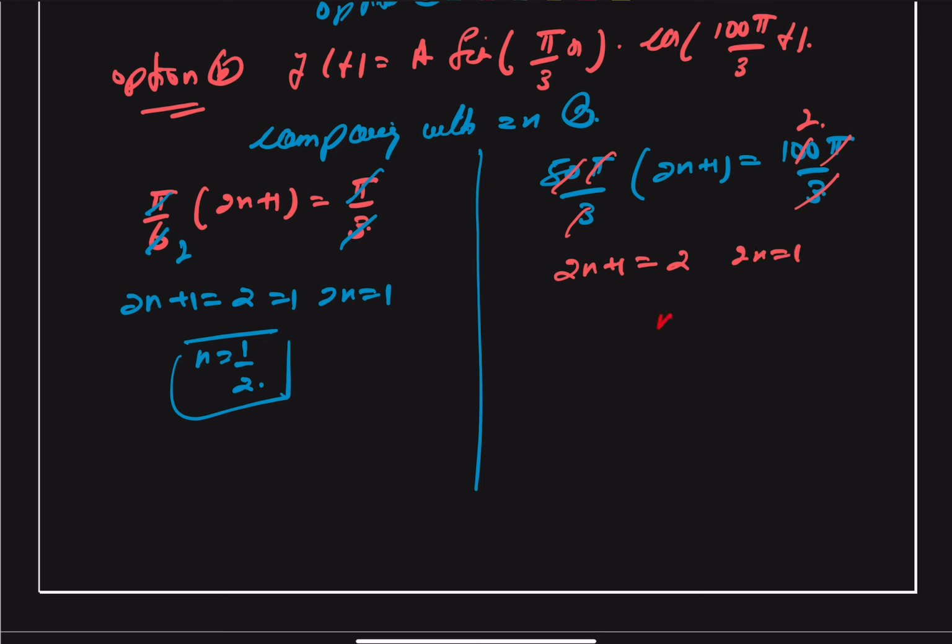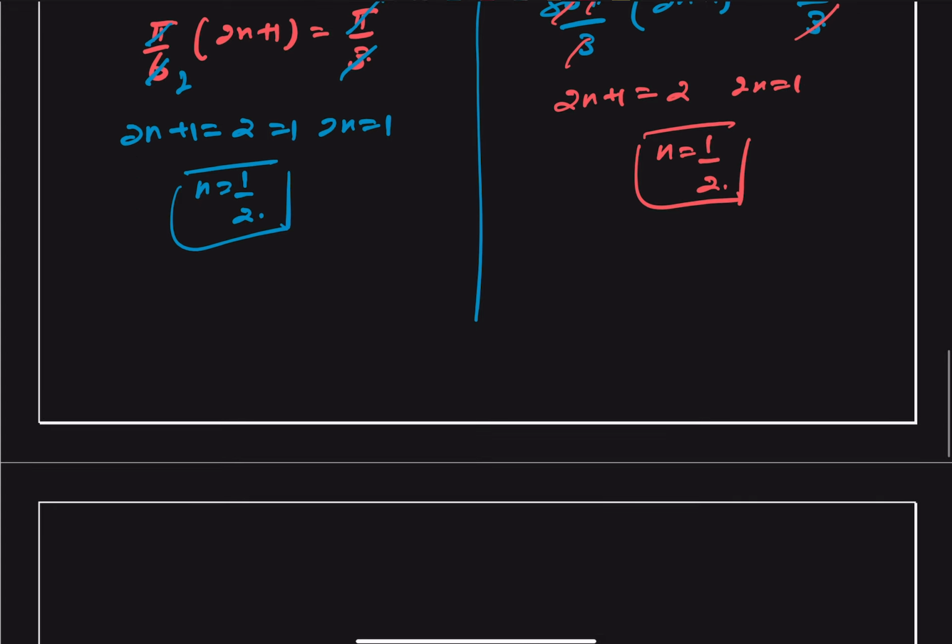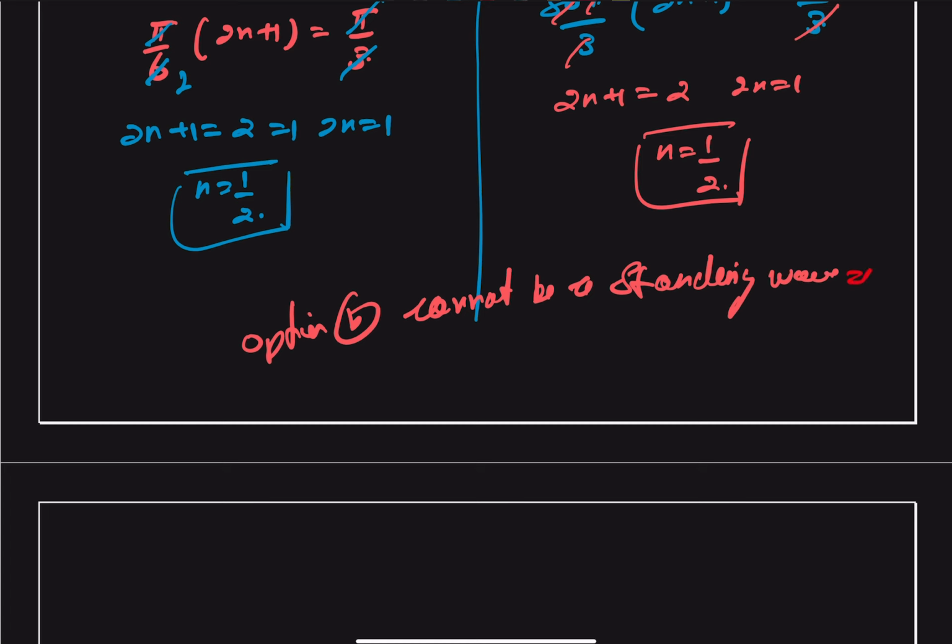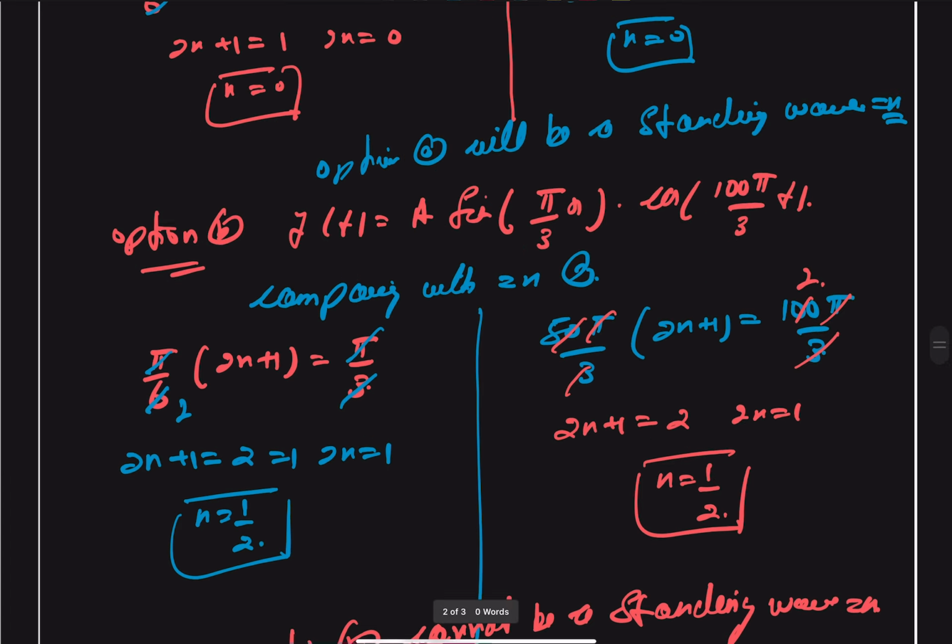So obviously here also n is equal to 1 by 2, which is not possible. Therefore option B cannot be a standing wave equation. So this option is incorrect.